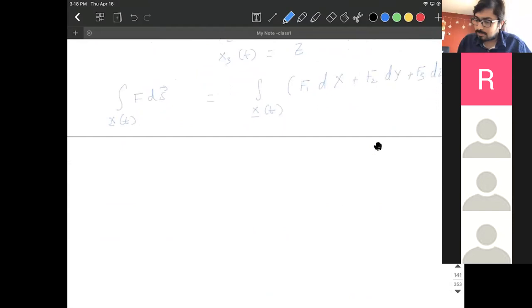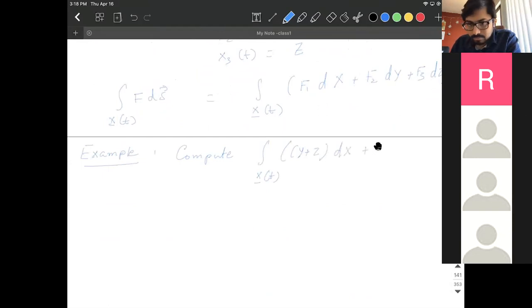So let's see this particular example. Okay, so compute the integral in this particular shape, where I have to give you the path.